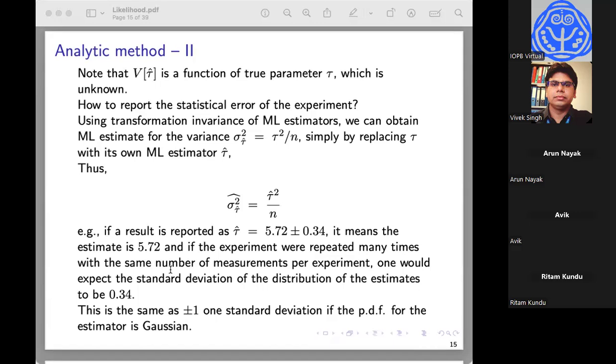To my understanding, this will be distributed according to chi-square for the number of degrees of freedom that you can calculate from there.